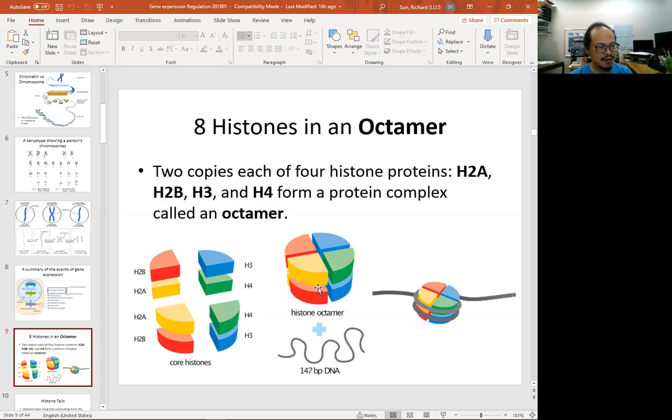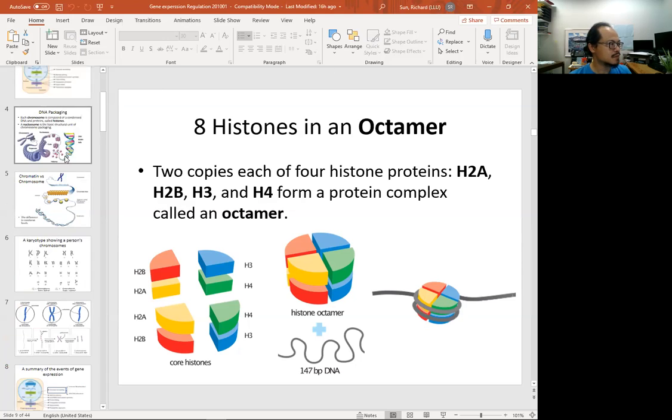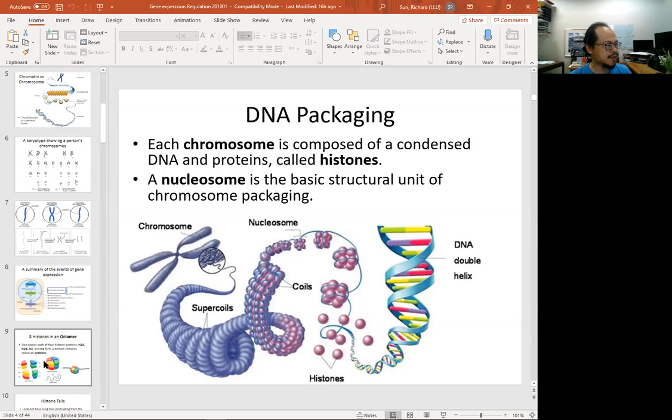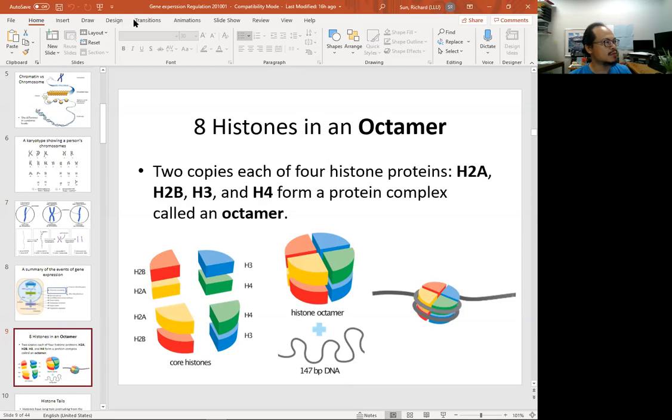They come together, and then the DNA, you don't need to worry about the 147 base pairs. That number you don't need to know, but you need to know that the DNA wraps around, and this whole structure is called a nucleosome, right? So that's right here. That little basic unit is called a nucleosome.